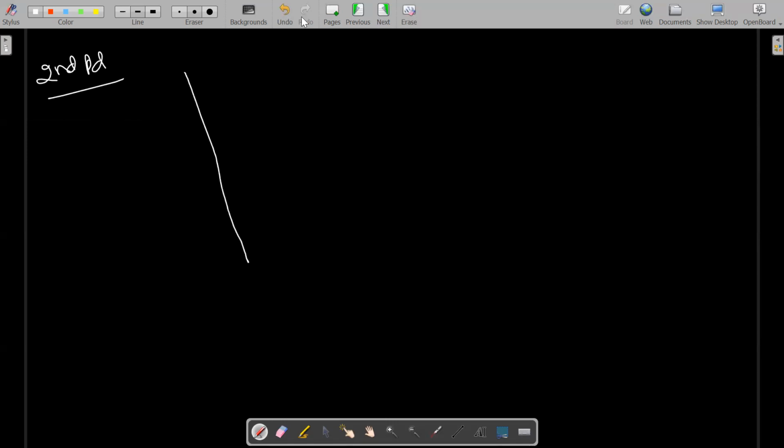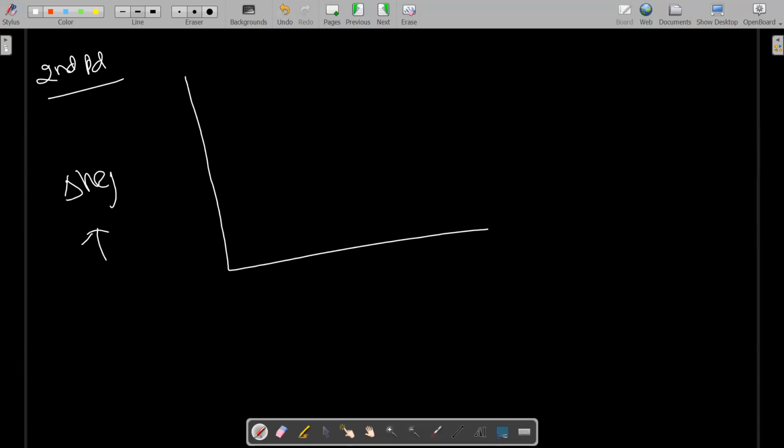Graphically, we can represent this one. Electron gain enthalpy: upward it is negative, middle is 0, and downward it is positive. If we are plotting the graph, upward is more negative, downward is positive.